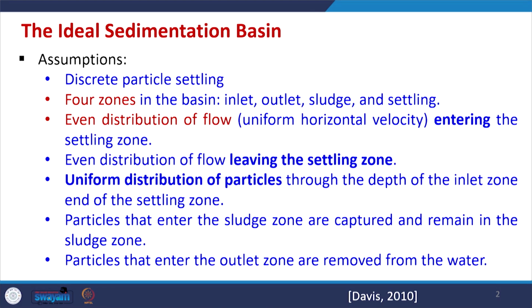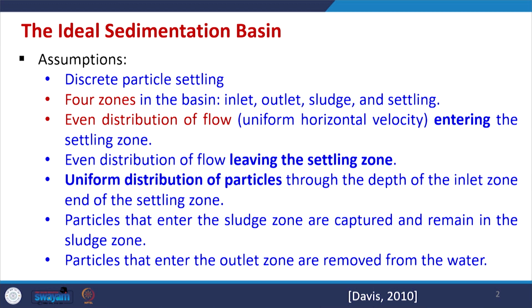Now, what should be an ideal sedimentation basin? We have studied the discrete particle theory and discrete settling up till now. The ideal sedimentation basin should have discrete particle settling. That means the particles settling down are not affected by each other.